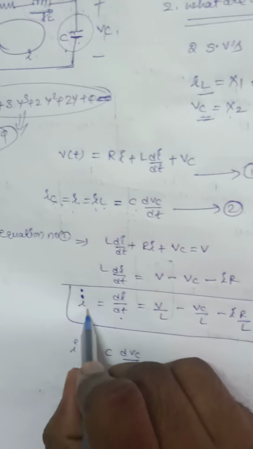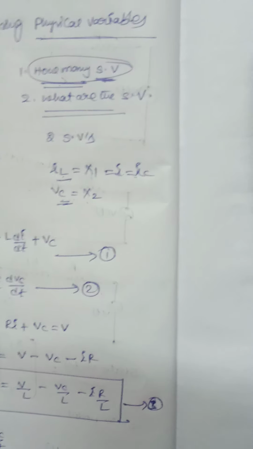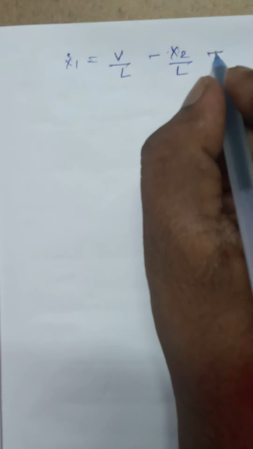In place of I dot we write x1 dot. x1 dot, or dx1 by dt, is equal to V divided by L minus Vc, which is x2, divided by L minus I, which is x1, into R by L. So this is one equation. This is the 5.